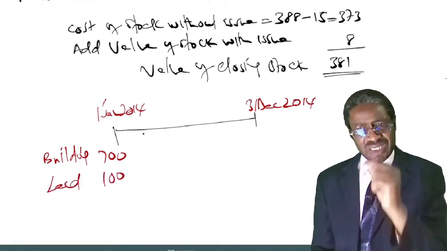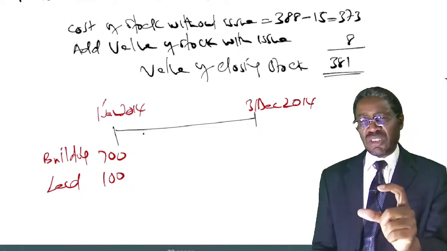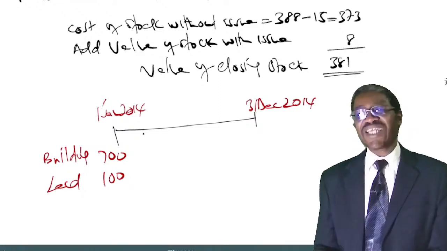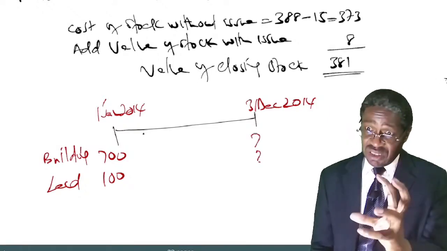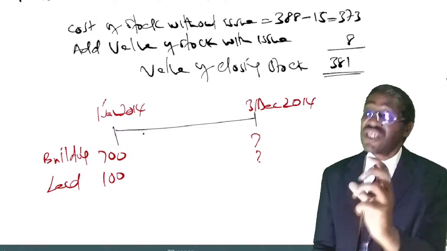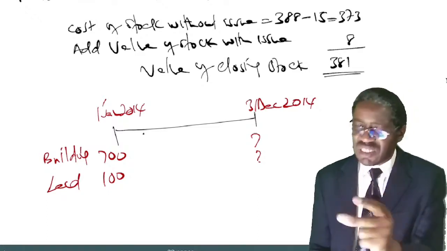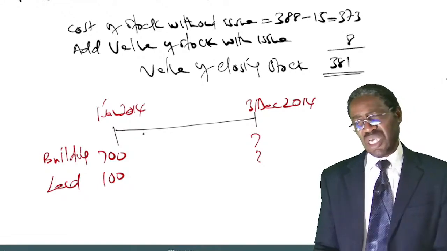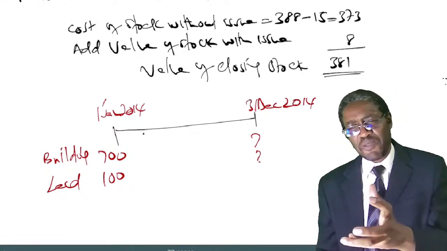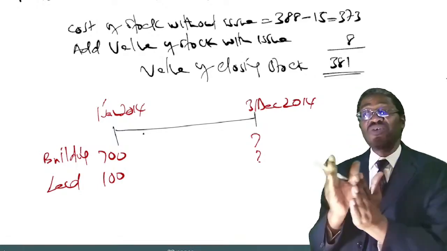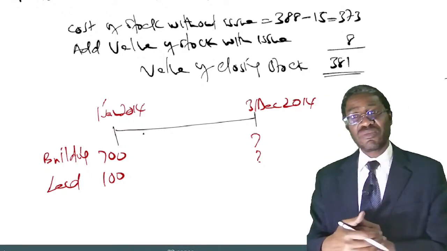I have said, listen, if they were revalued at the end here, then you will not have been required to depreciate the building. Even though the question may have told you it has a remaining useful life of 40 years, it means we are revaluing at the end of the year, we shall start depreciating afresh next year.